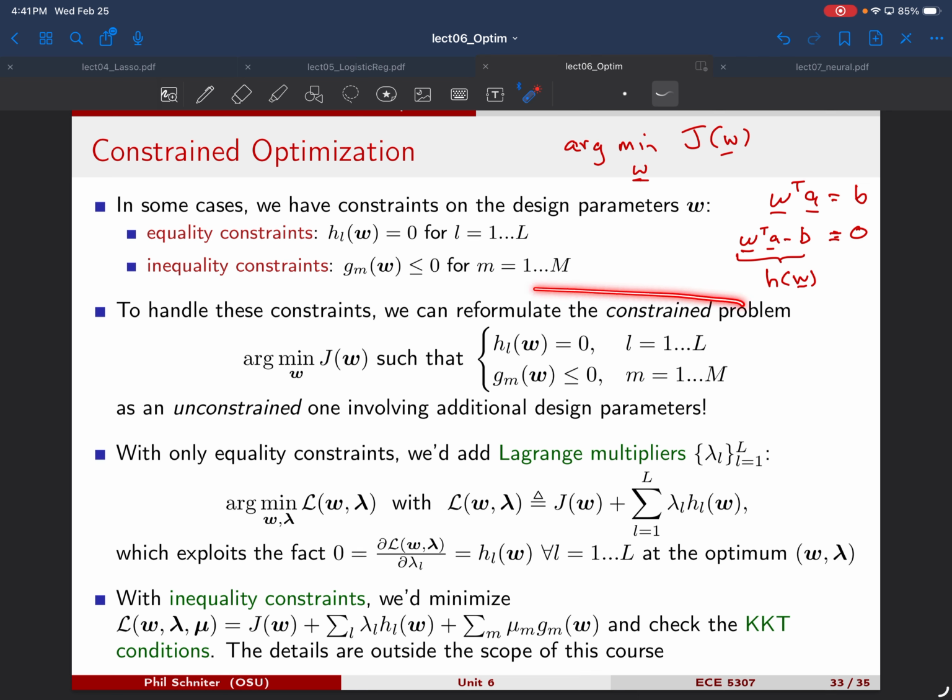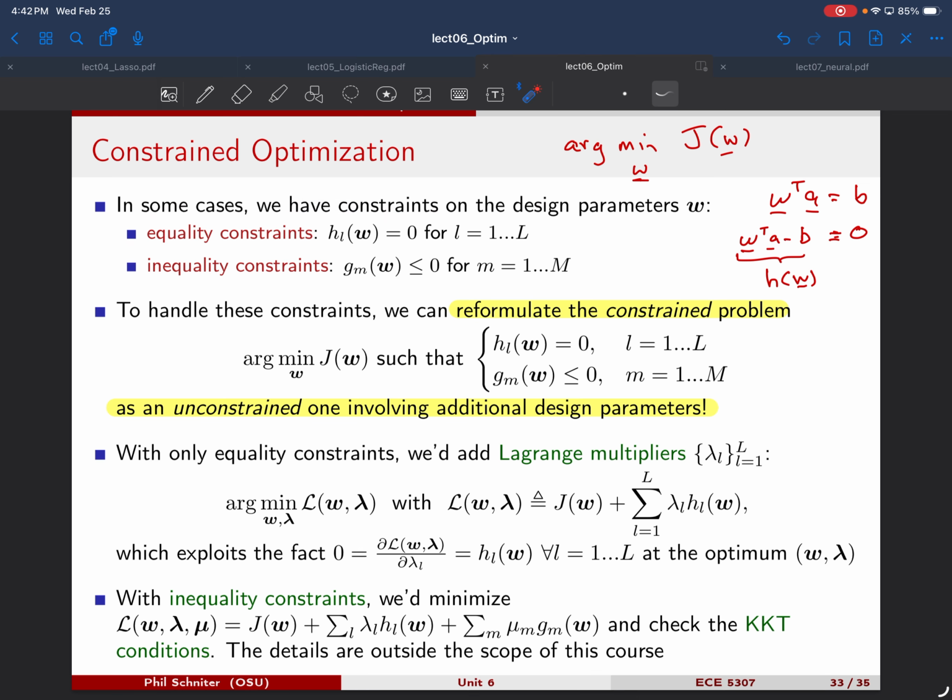So here's how you would write the constrained problem: you want to arg min the cost or loss such that our constraints are satisfied. To handle this, we're going to reformulate the constrained problem as an unconstrained one involving additional design parameters. So let's first talk about the case of equality constraints.